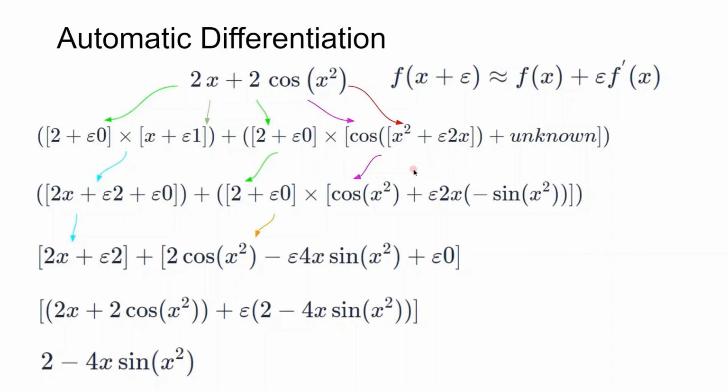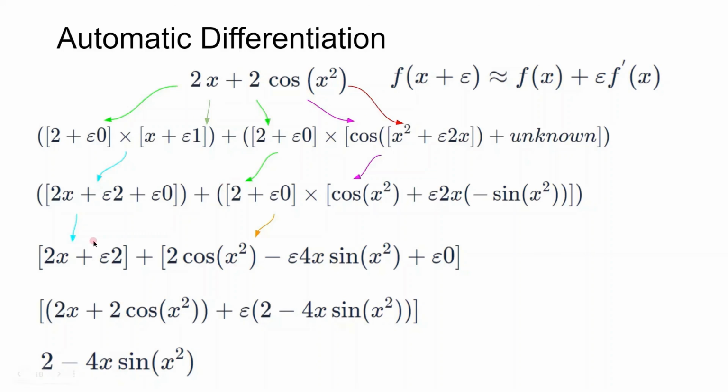So applying that to our cos x squared term, we can now write out the dual form of cos x squared as cos x squared plus epsilon 2x minus sine x squared. The dual representation, the derivatives for exponent terms like x and trigonometric terms like cos and sine are already inbuilt into the D operator.